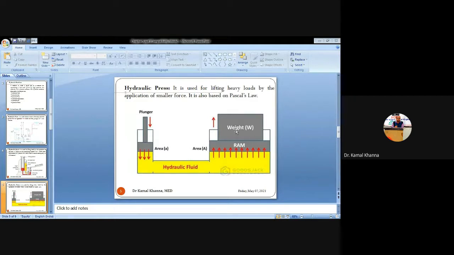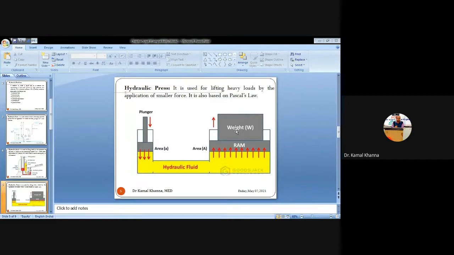So you are just applying the smaller force, the smaller effort, and you can see with the help of the larger diameter on which we have placed weight on the platform, we are lifting the heavy load. The pressure is basically transmitted equally in all directions. Thus we can also say that this hydraulic press is based on the principle of Pascal's law.